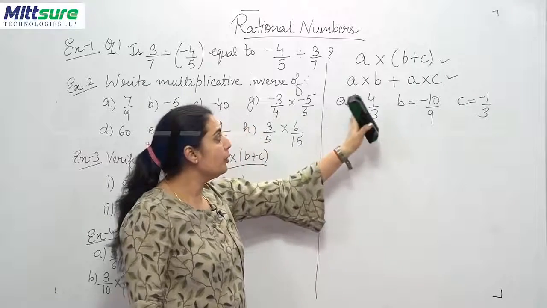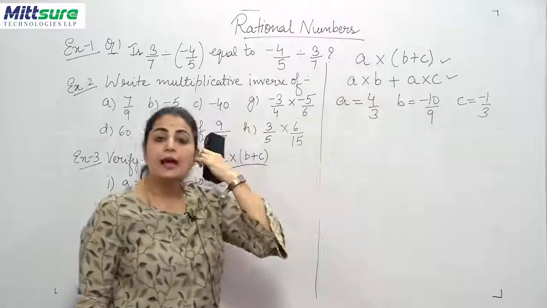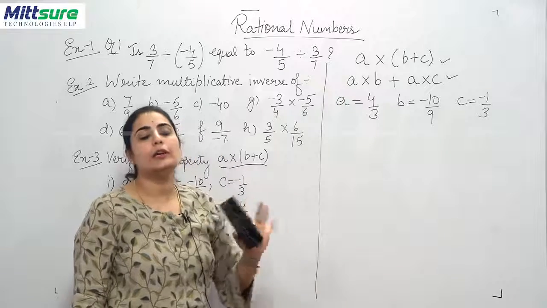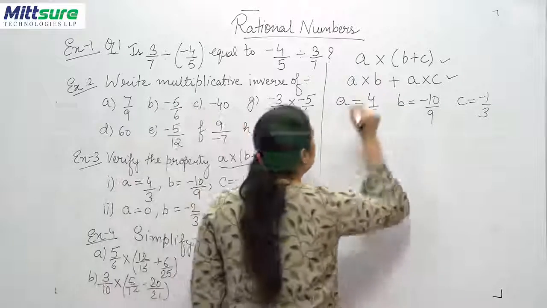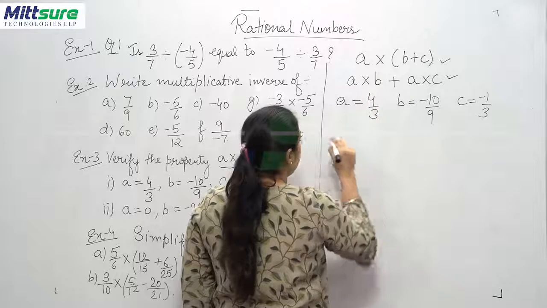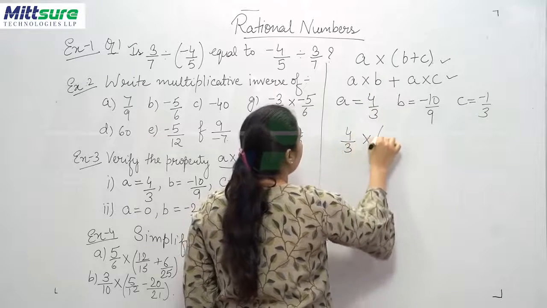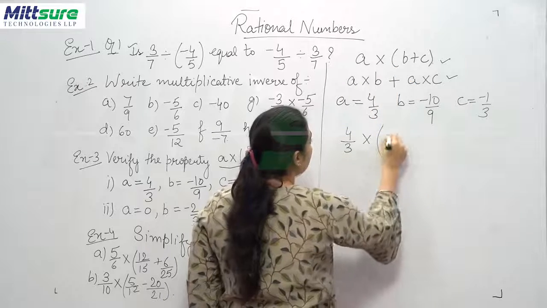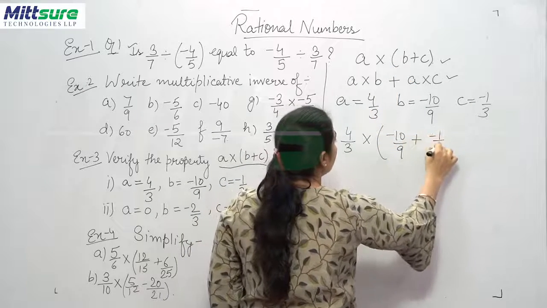Okay, this is the first question in which the values are given. Now we will substitute these values in the first and second condition, and we will verify whether both the conditions are giving the same output or not. So A multiplied by B plus C. So what is the value of A? 4 upon 3 multiplied by, what is the value of B? Minus 10 upon 9 plus minus 1 upon 3.